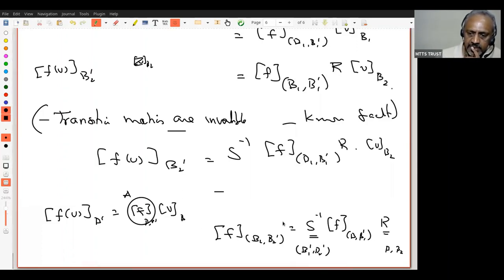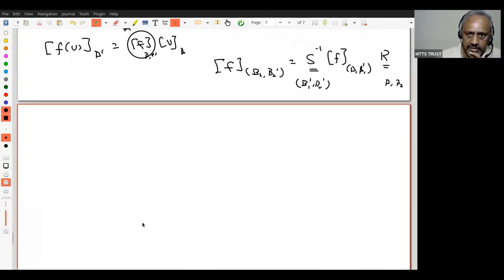Again, as a cross check, let us see whether the sizes agree. What is S? S is a transition matrix on W, and this dimension is n. Therefore, S inverse will be an n cross n matrix. And F is from B to W, therefore it is an n cross m matrix.